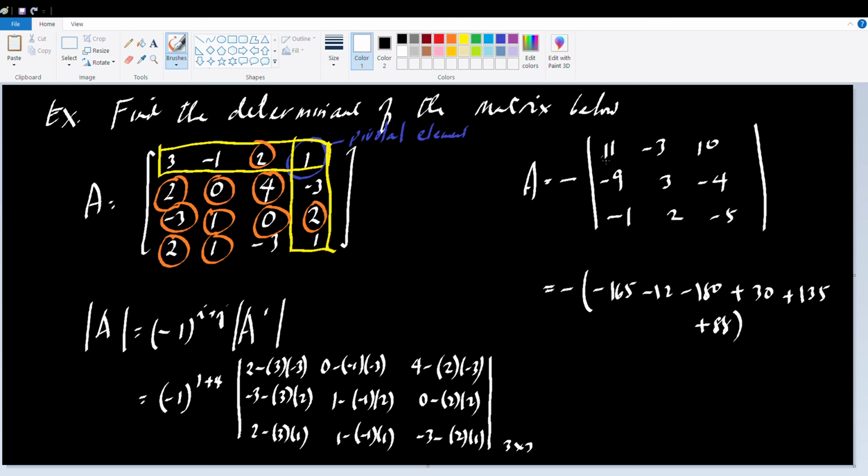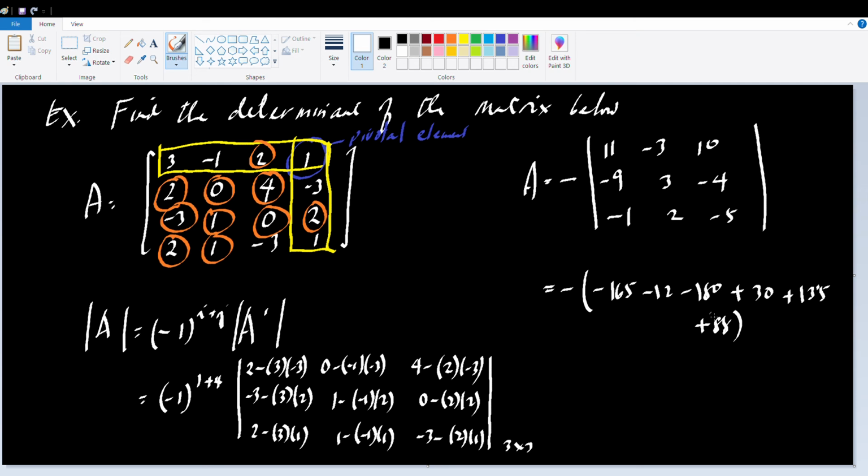Again, 11 by 3 by negative 5 is negative 165. Negative 3 by negative 4 by negative 1 is negative 12. 10 by negative 9 by 2 is negative 180. Minus negative, so that will be positive 30. Minus negative, negative, negative, that should be positive 27 times 5 is 135. Minus 11 times negative 4 times 2, that's again positive.